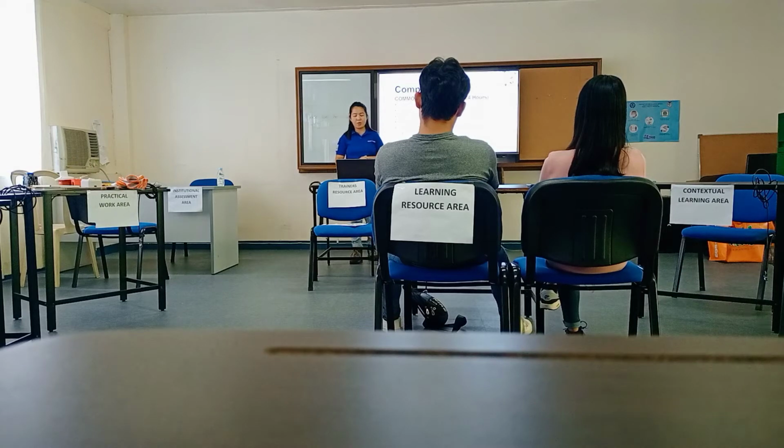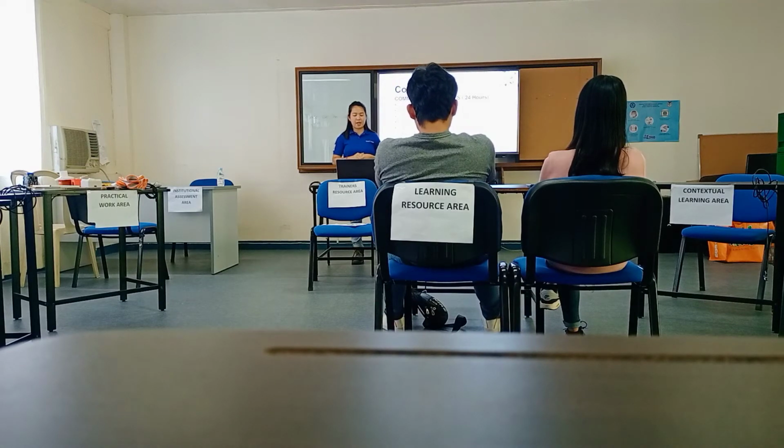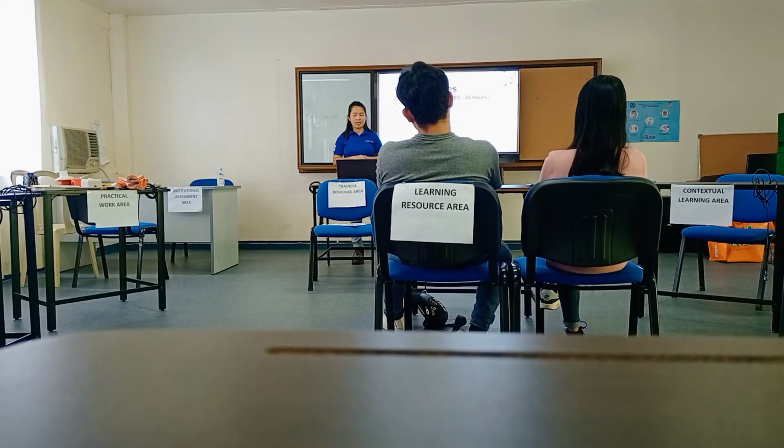For our common competencies, with a duration of 24 hours, are the following: use hand tools, perform mensuration and calculation, prepare and interpret technical drawing, apply quality standards, terminate and connect electrical wiring and electronic circuits.